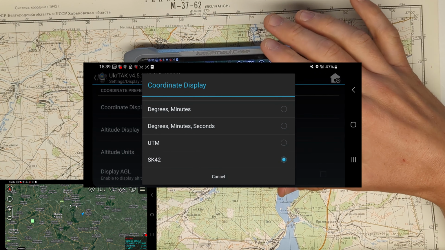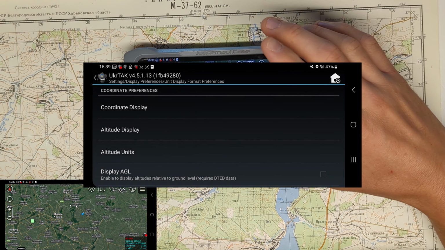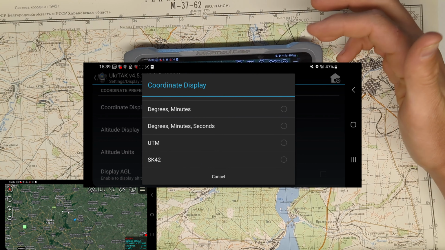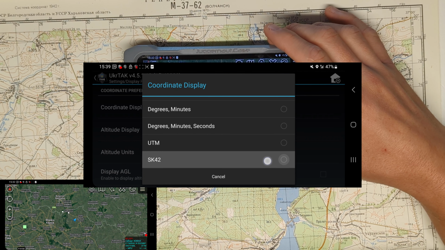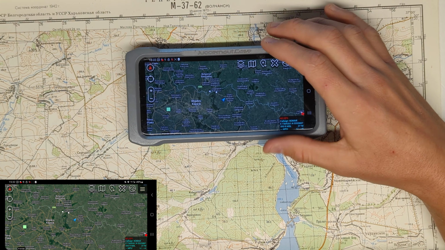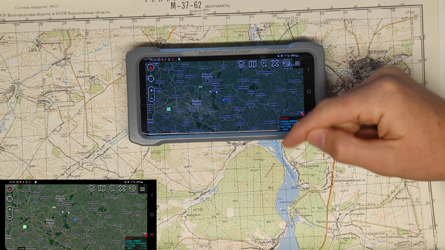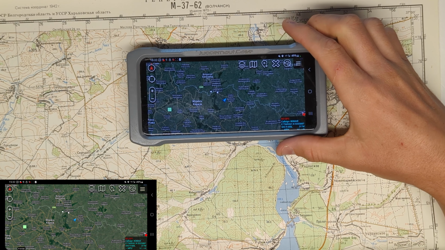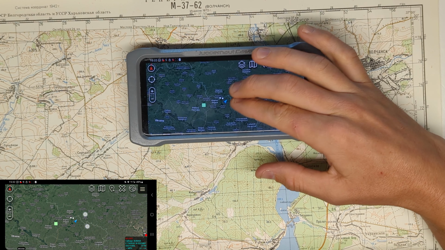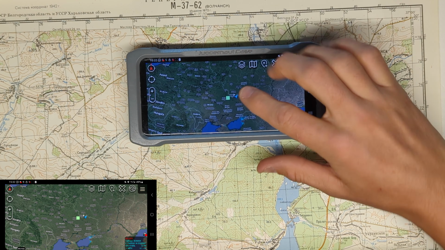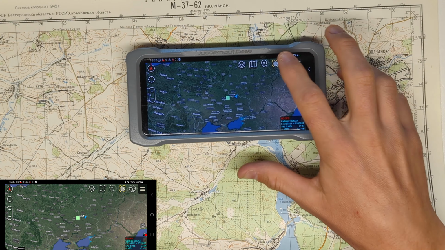Bear in mind, this is available in their flavor of TAK. However, you can get the SK-42 system separately in a plugin called the BNG plugin, which is British National Grid, as an add-on to the plugin, if that makes sense. The important thing to realize is that Ukraine is actually split into two different portions of the SK-42.